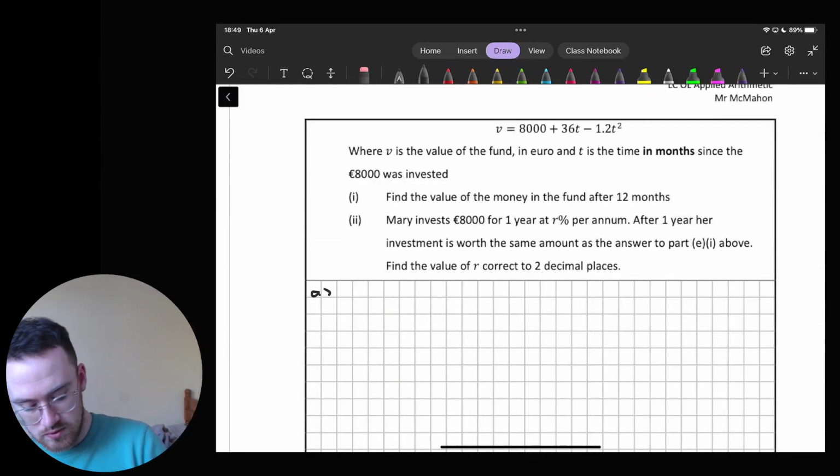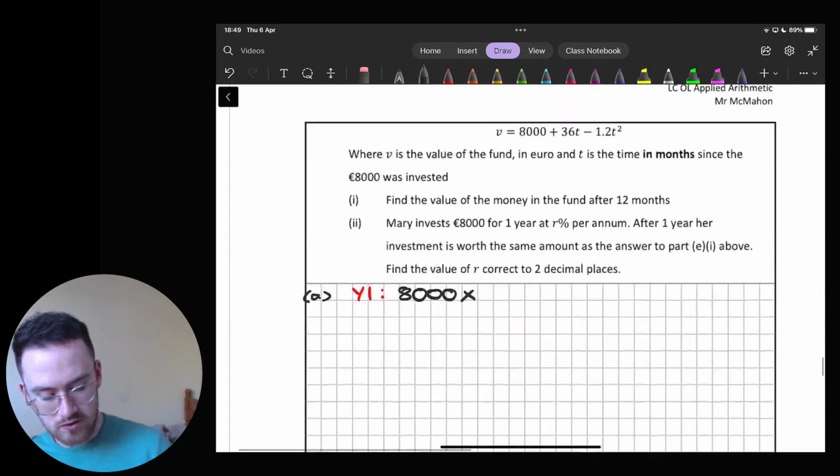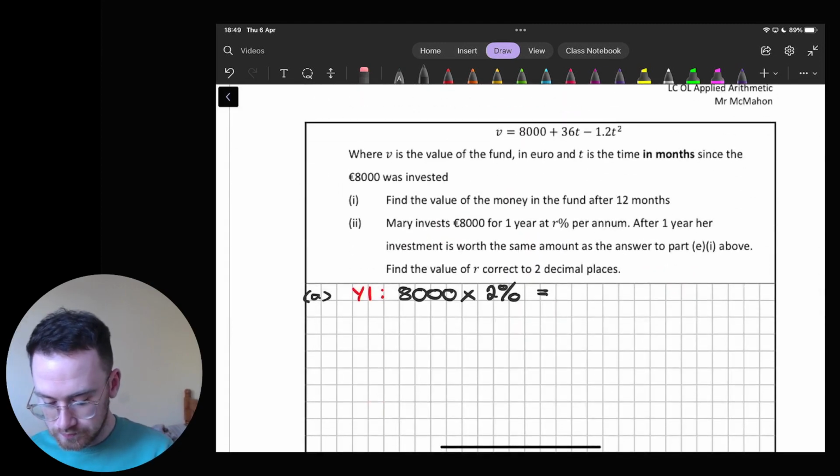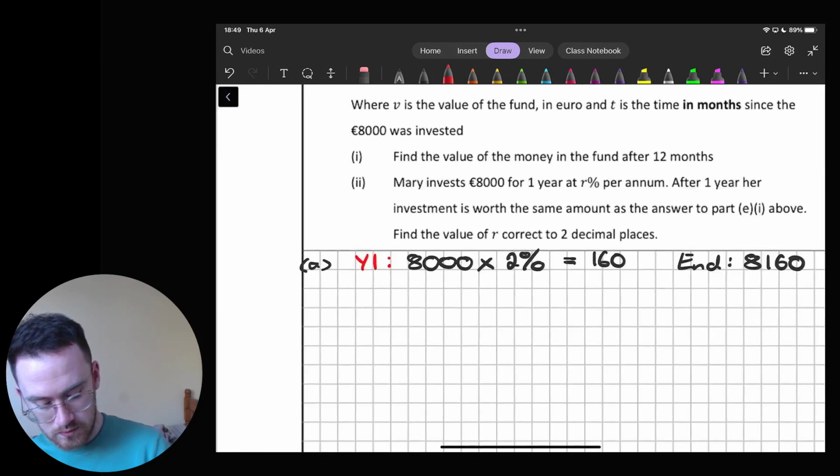Okay, so let's write those down. So year 1, so we have 8,000 because that's what we've put in. It was 2% interest for that first year. So that gives me €160 of interest, and at the end of the year I'll have a total of 8160. Then for year 2, so I start with what I finished the last year with, 8160.